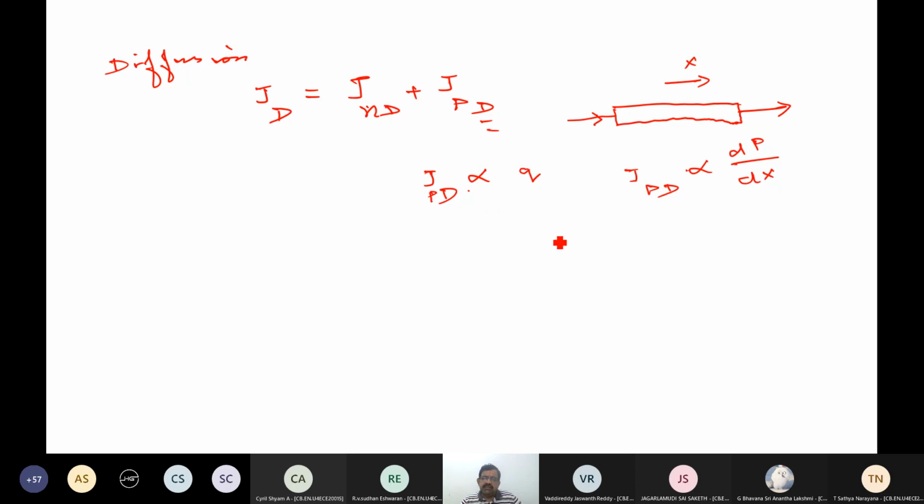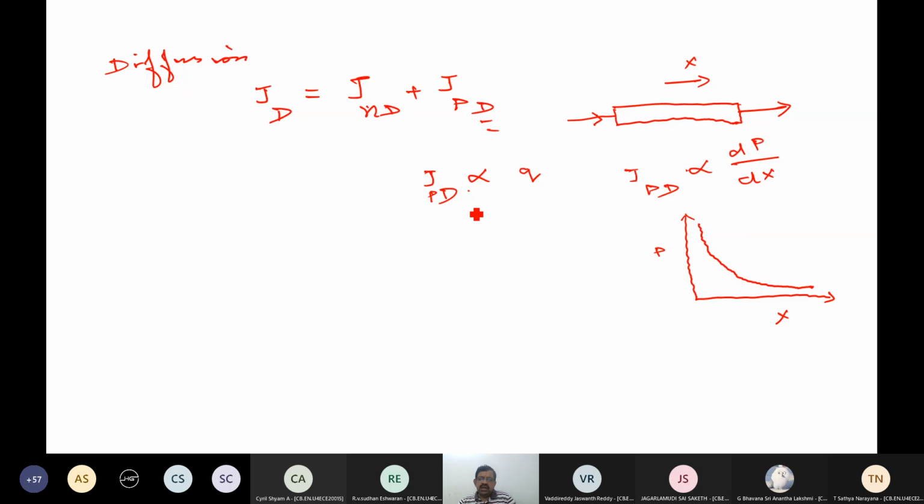And now I want you to imagine that, let us assume that it's an exponentially varying concentration as a function of this distance, and therefore I get like this. So at any point along this length of this semiconductor bar, I can actually find the value of dp by dx knowing the value of x.